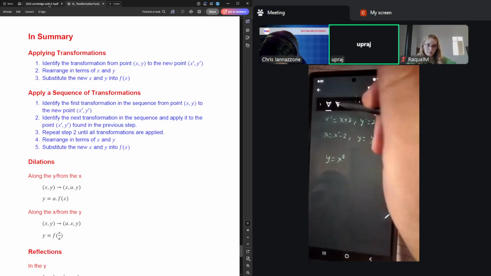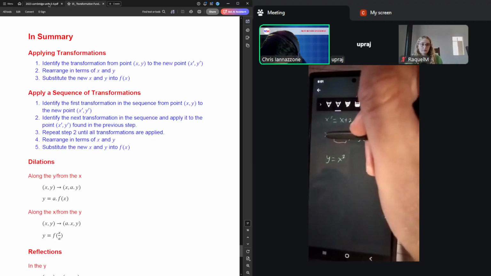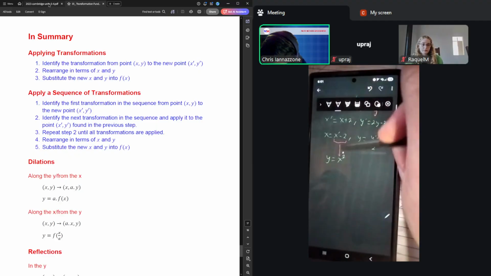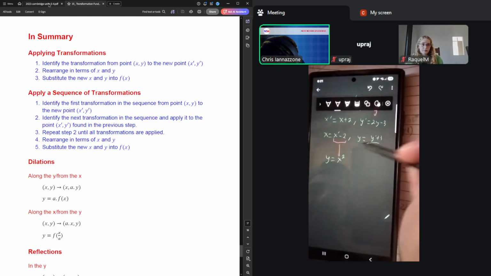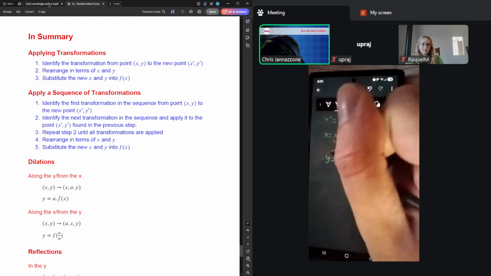We just sub in the new values. That's it, yeah. So we've got this thing called x. We know it's equal to that, so we put that in there. We got this thing called y. This is also our y, so we put that in that spot.